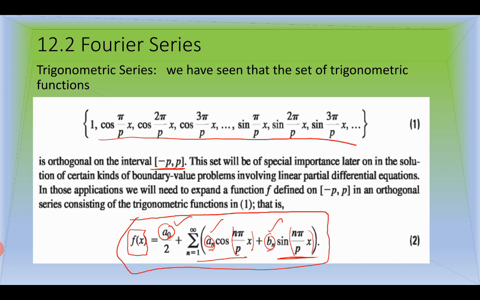This set will be of special importance later in the solution of boundary value problems. What we are going to do here is expand a function f defined in the interval negative p to p in an orthogonal series that involves all the terms of this set, consisting of trigonometric functions. That's what we are going to do here.